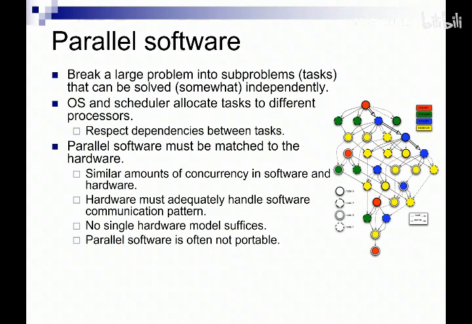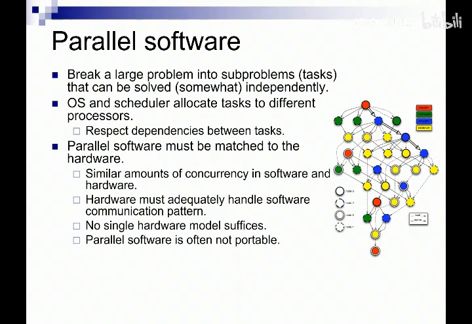In that case, you can run the program on a pretty simple piece of parallel hardware. But if you have a more complicated program where all of the tasks need to communicate with all of the other tasks, then you need to make sure that your communication network can actually support that large amount of communication.